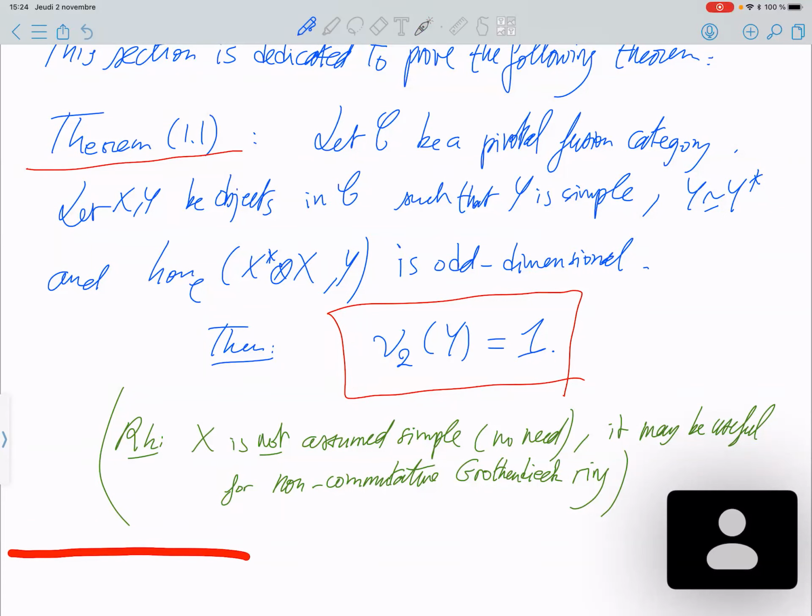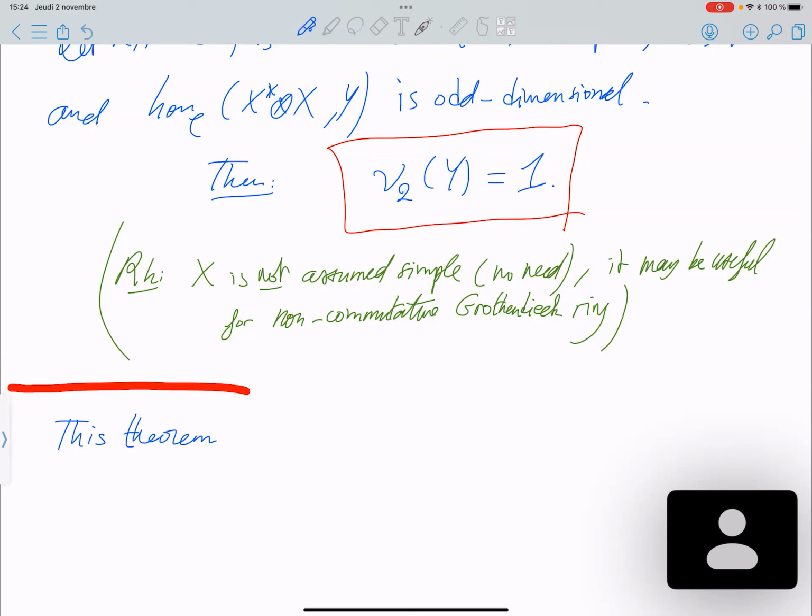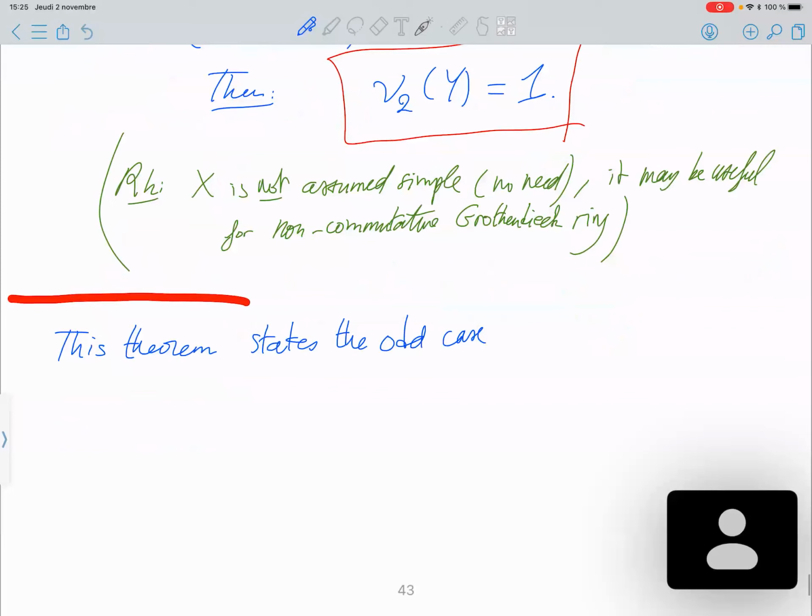Okay, so let me write that. This theorem states the odd case of a conjecture by Zhengwei Wang.